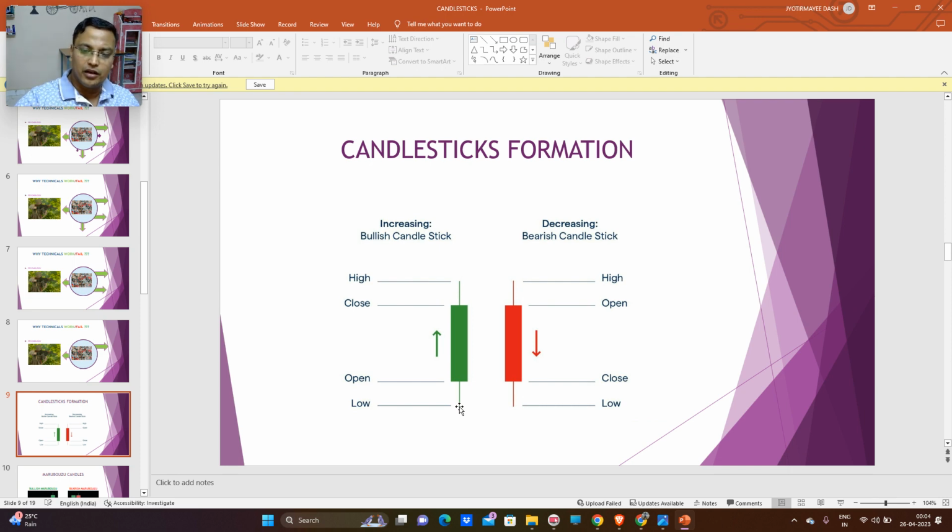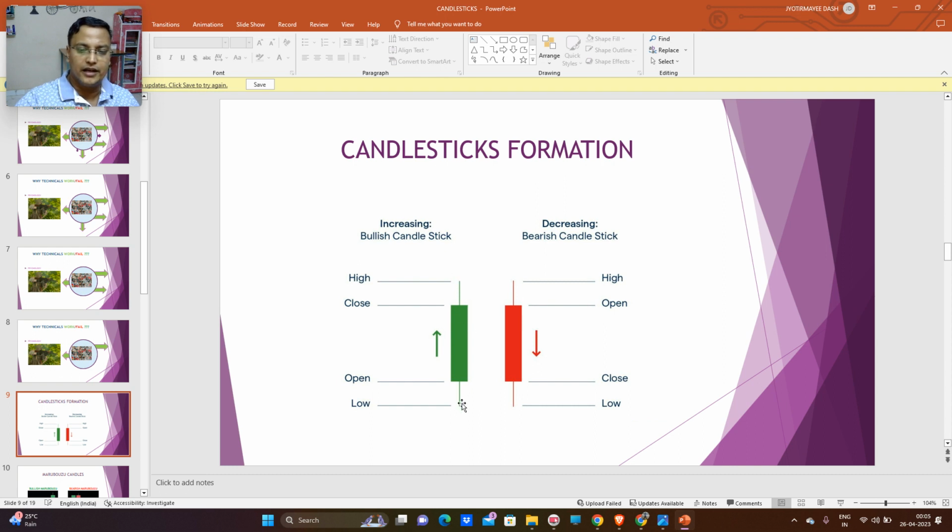But again, bulls gained control and took the price high to this. This is the highest mark, the highest price till the bulls were in control. But further they could not take the price up. The sellers came in and brought the price down up to this mark. That means this is the closing price.